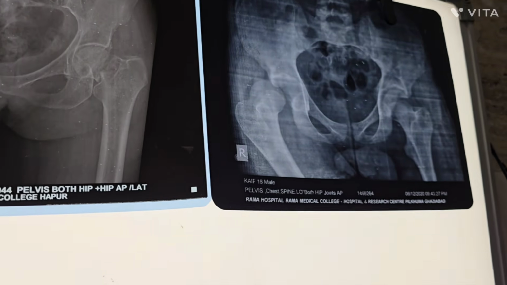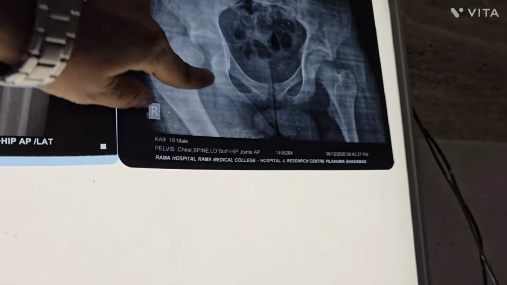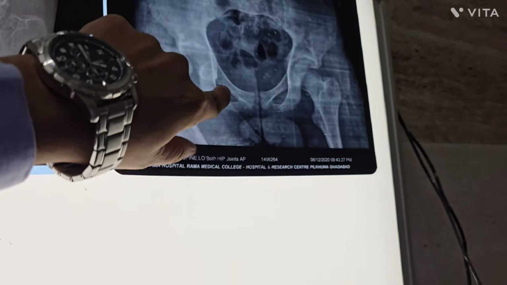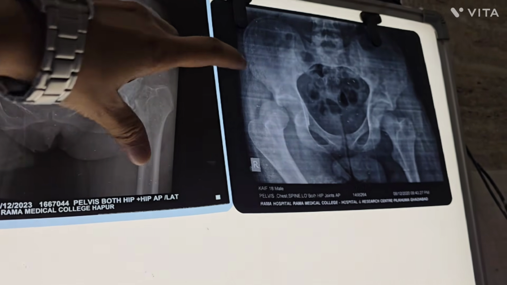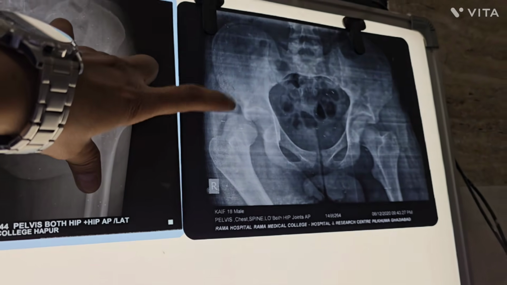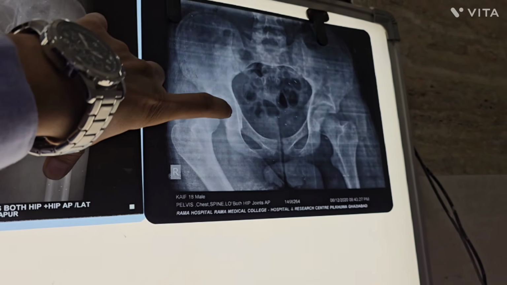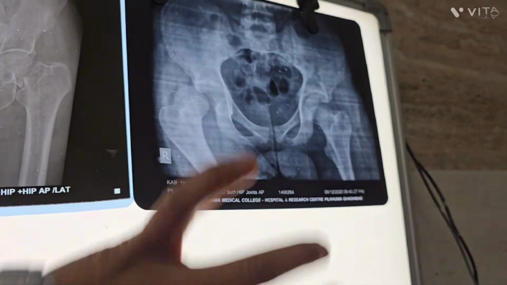The other types of dislocation are anterior dislocation and central dislocation, like the obturator foramen dislocation. In this case, you can immediately reduce the dislocation, reduce the head of the femur, and apply splintage.